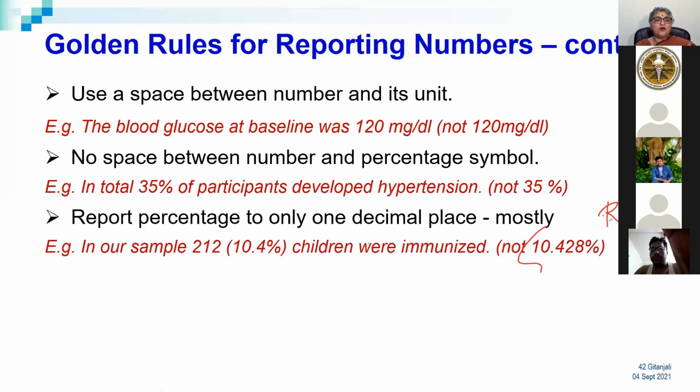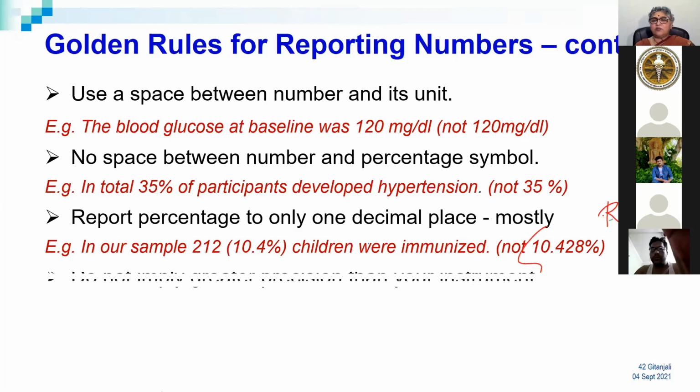Again, percentage, please report only to 1% or at the most 2 if you are using very small numbers or extremely sensitive kind of data. Otherwise, one decimal place is enough.